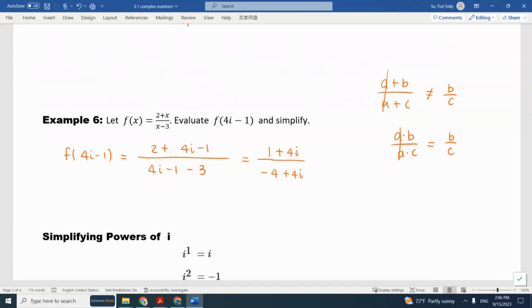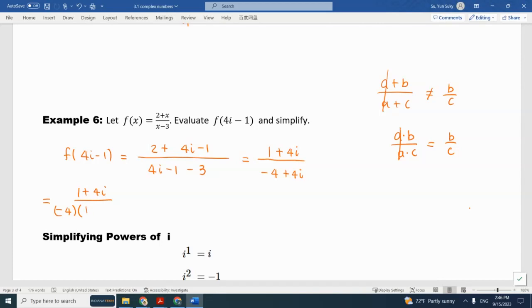Can you see I also have a negative here? So I can also factor out the negative. So let's factor out negative 4. What's left? 1.